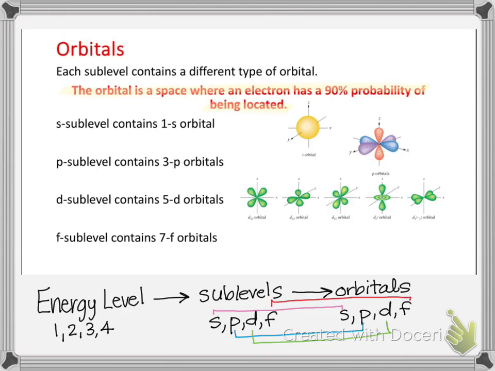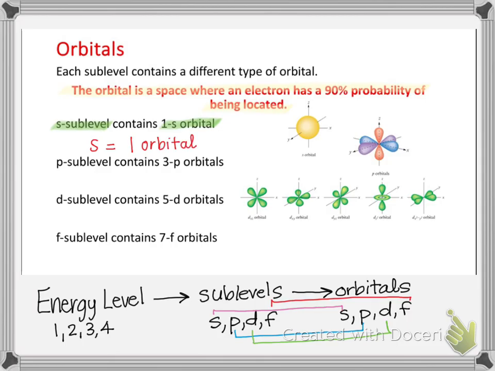Now, if you have an S sublevel, it has 1 S orbital. So anytime you have S, this will only have 1 orbital.